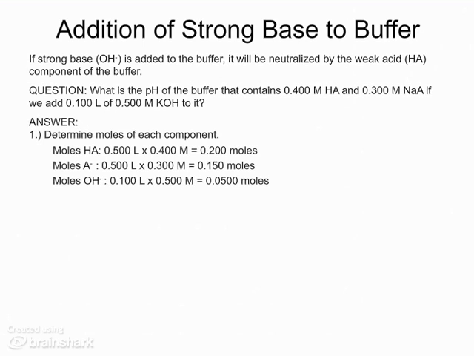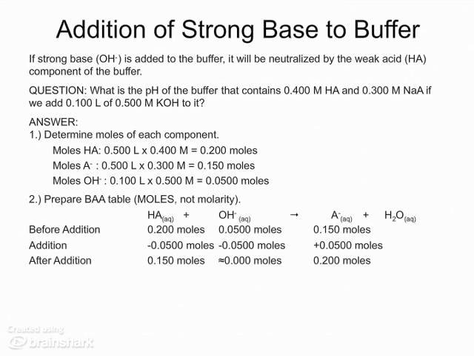So the first thing you do again is calculate the moles of each thing. So for acid HA we have 0.5 liters times 0.4 molar and we get 0.2 moles. For A minus we still have 0.5 liters and we still have 0.3 molar and 0.15 moles. For OH minus we have 0.1 liters and it's 0.5 molarity, so we have 0.05 moles.